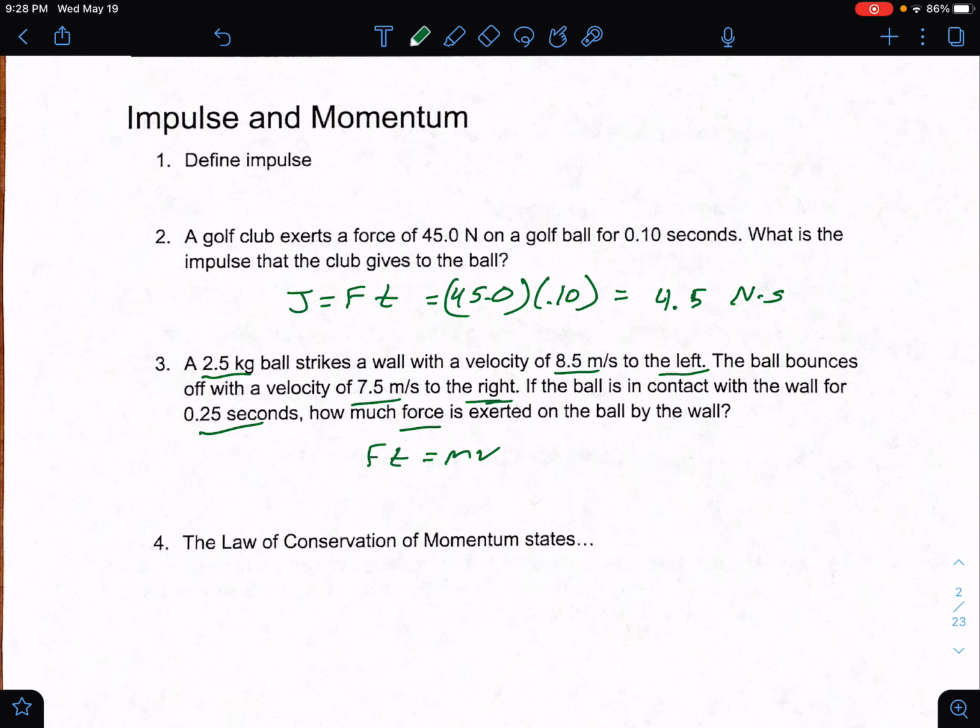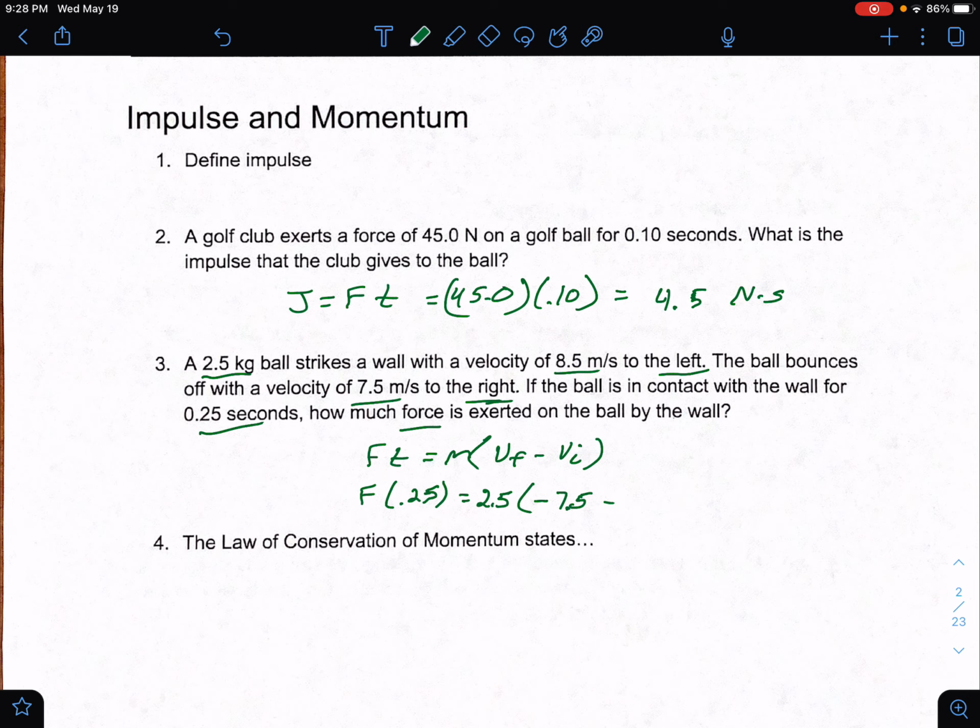So you can do this as Vf minus Vi. Force I don't know, so I'm going to leave it as force. My time is 0.25. My mass is 2.5. And my V final, so it came in to the left and left to the right, so I'm going to make that 7.5 a negative, so negative 7.5.